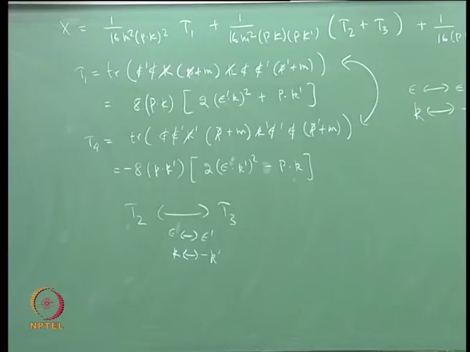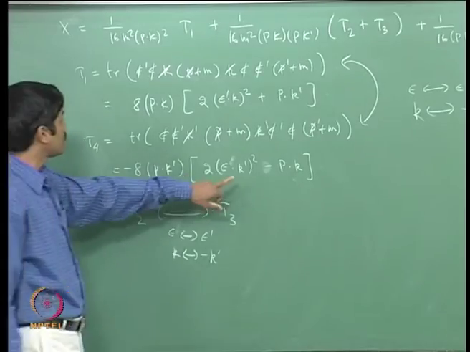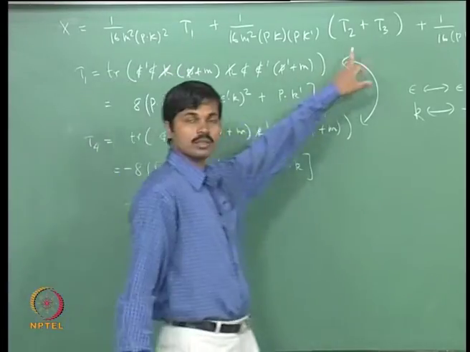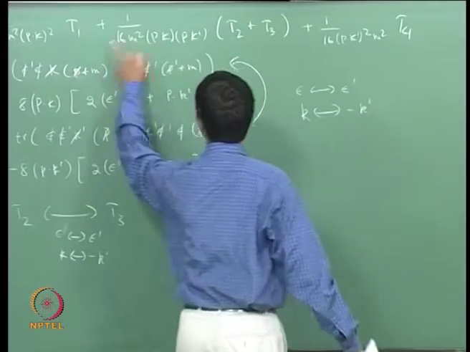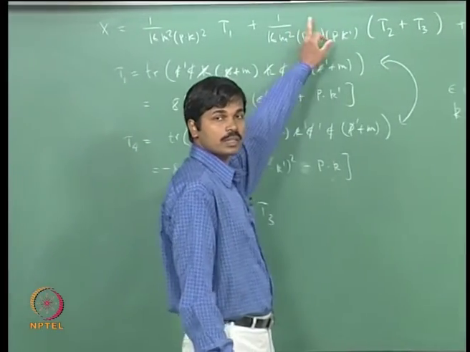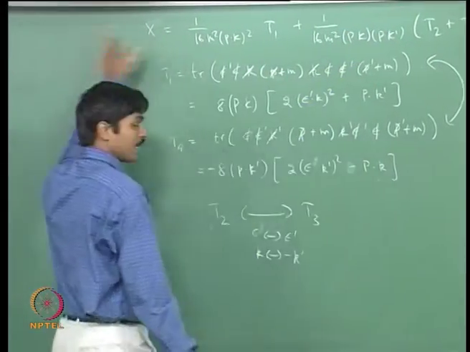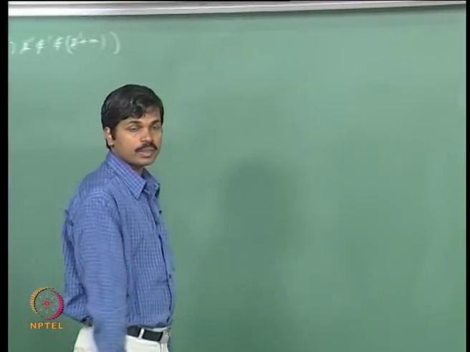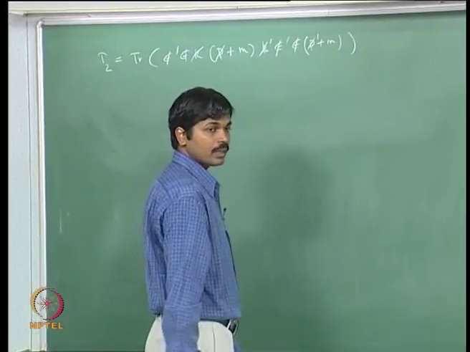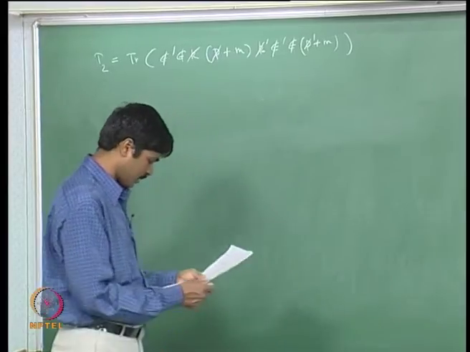So, we will work out this trace in detail, and then from T2 we will get the expression for T3 also. Finally, we will put all these values for T1, T2, T3, T4 in this expression, and we will put x in the expression for the differential scattering cross section. Finally, we will get the differential scattering cross sections.